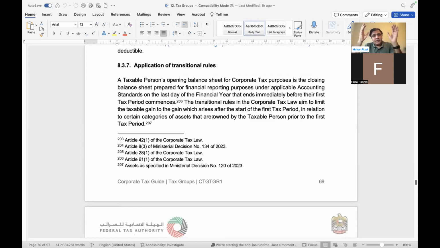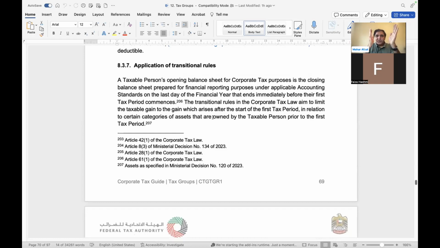Now, whenever you are bringing any asset from the previous period to the new period, the previous era was not subject to tax, the new era is subject to tax. If you have been holding that asset for the last 5 years, the value of the asset might have gone up. You bought an asset for 1 million, now it has become 4 million. This gain from 1 million to 4 million is not subject to tax because tax was not applicable during that time.